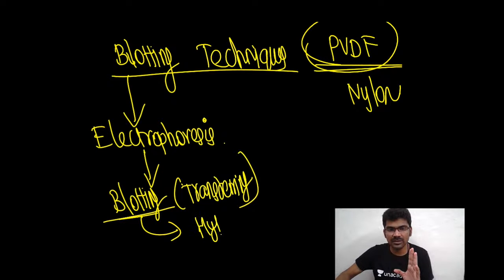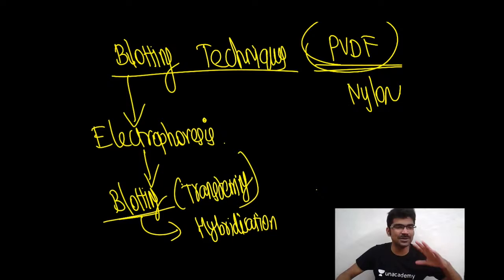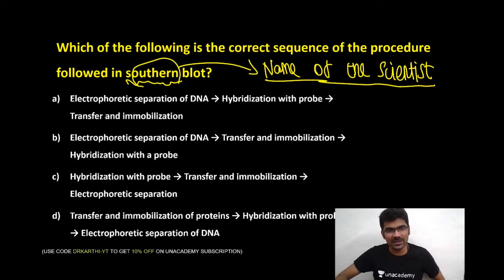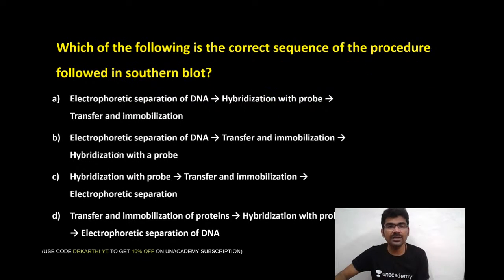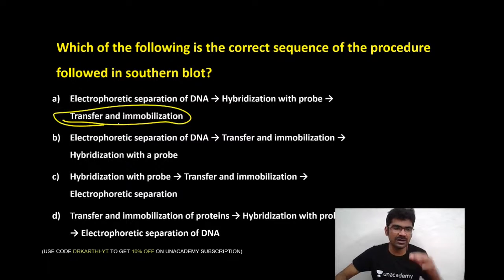Okay, clear? Guys who got confused, I can understand that option A and option B are both slightly confusing. Look at this: after electrophoretic separation, immediately you cannot do hybridization. The gel will be very fragile, so in the gel you cannot add antibodies. You have to first do the transfer and immobilization onto the membrane.